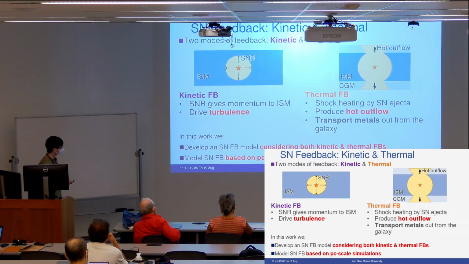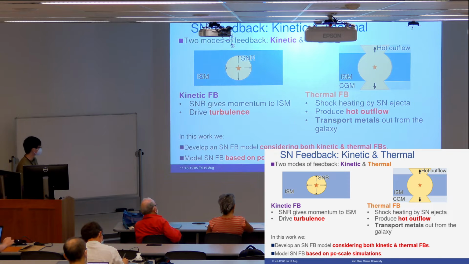This is important in the galaxy-CGM connection, and this hot outflow also carries metals out from the galaxy to the CGM. So in this work, we develop a model considering both these kinetic and thermal feedback modes, based on high resolution simulations.